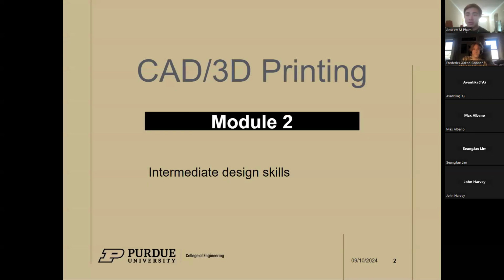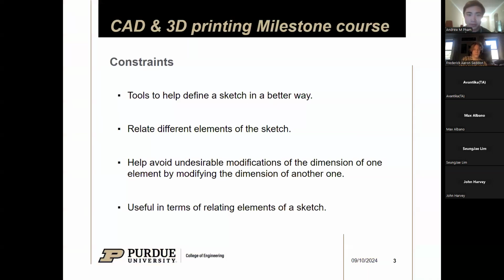So, intermediate design skills. I touched a little bit about this in week 1. You heard me talking about geometric constraints. We did a lot of dimensional constraints for week 1, just to simplify things. But you saw me use a couple of geometric constraints to give you a sneak peek of what we're doing today.